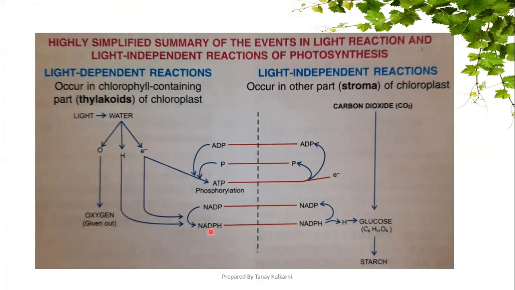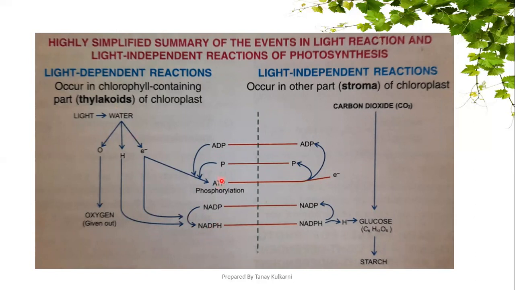Hydrogen will be converted into NADPH because it will be accepted by NADP. Electron along with ADP plus P converts into ATP by the process of photophosphorylation. So it means ATP and NADPH are produced in the thylakoid, that is grana, right?